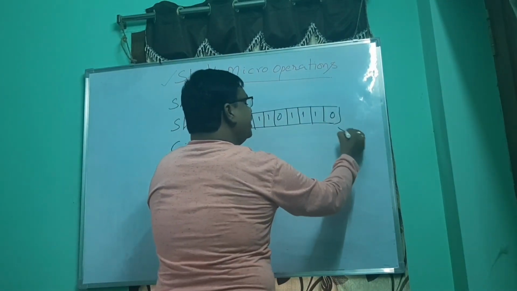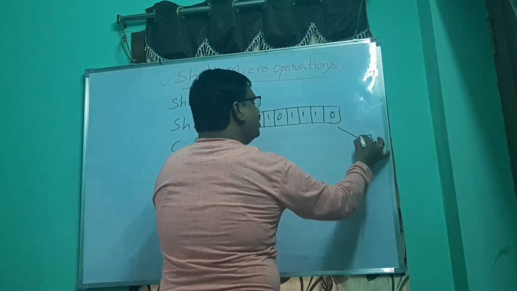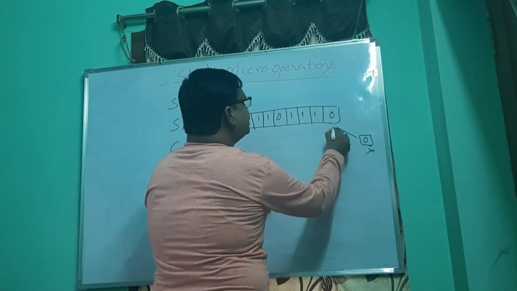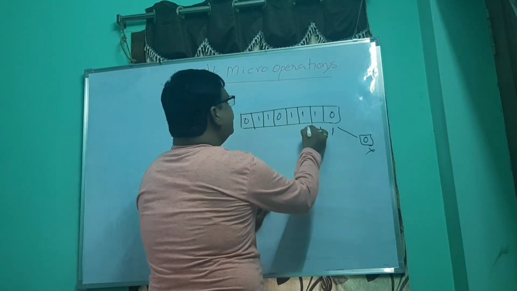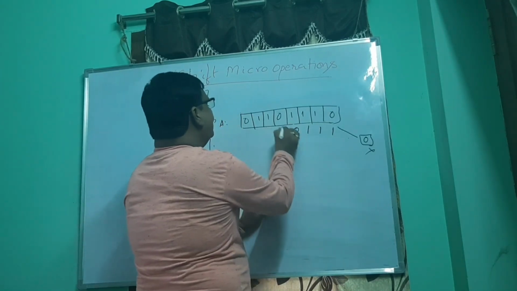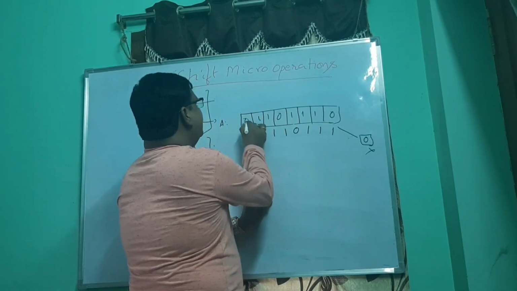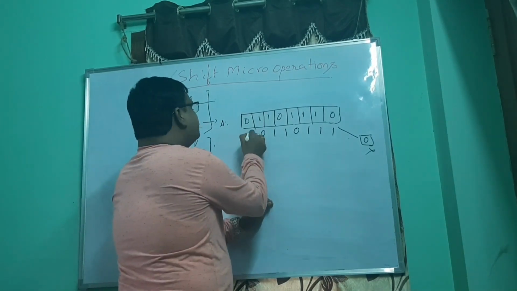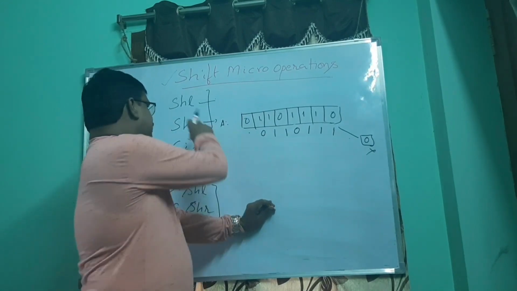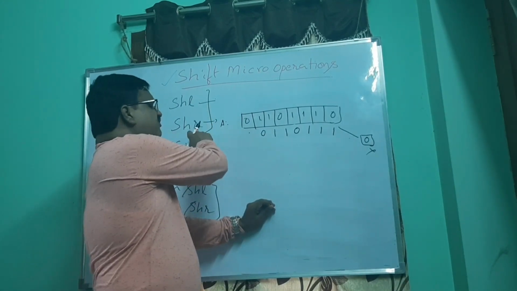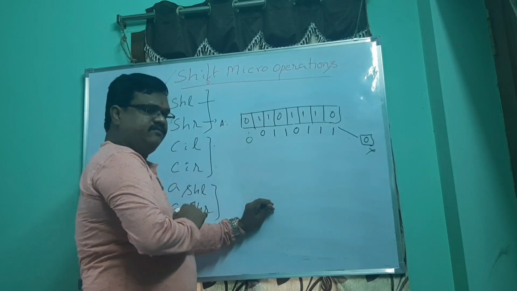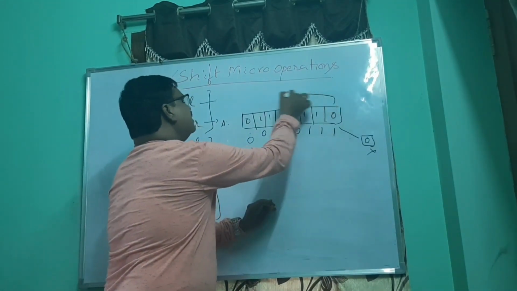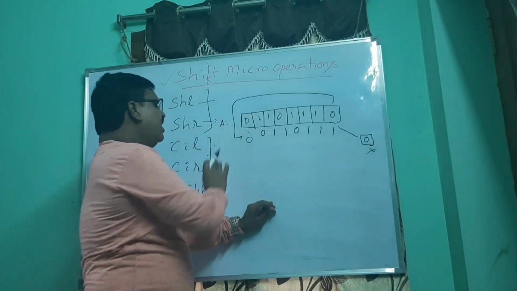this LSB 0 will be discarded, and then in this place 1, 1, 1, here it is 0, here is 1, this 1, and it is 0. But in this place, if it is a simple shift left operation, a new 0 is added, or else if it is a circular operation, whatever number is there comes and is placed here.